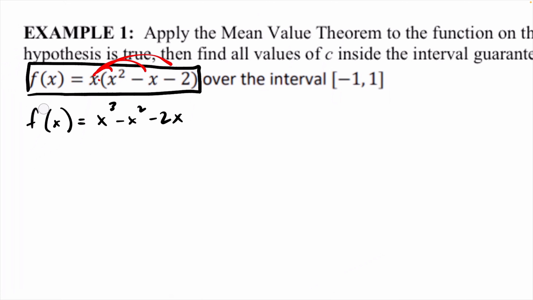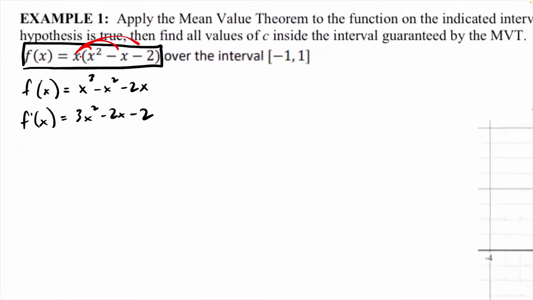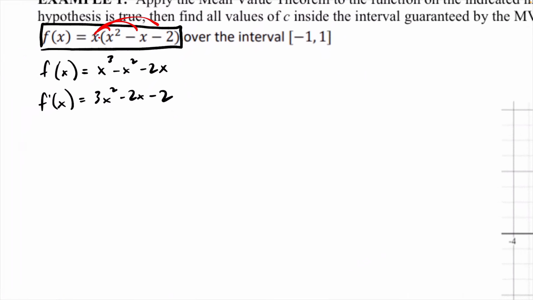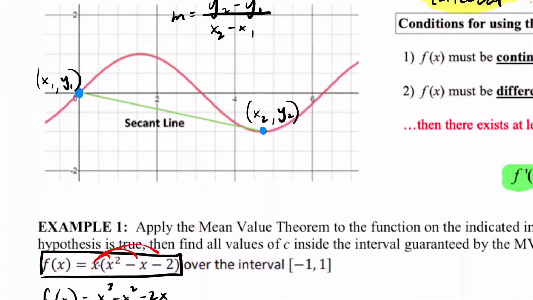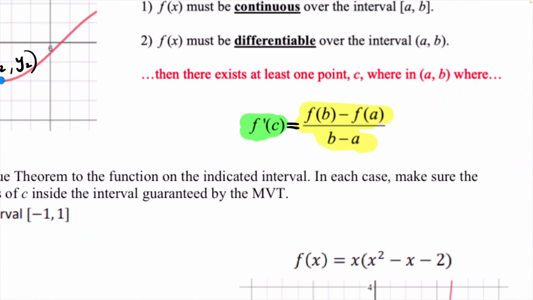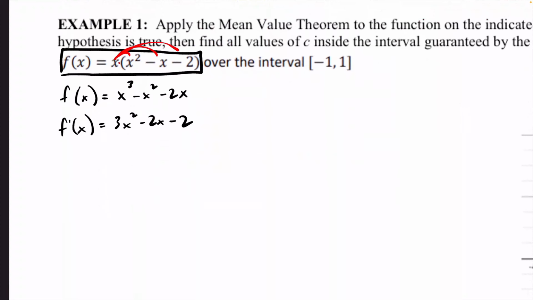So the derivative would be 3x squared minus 2x minus 2. So that is a function. That is the green part there.